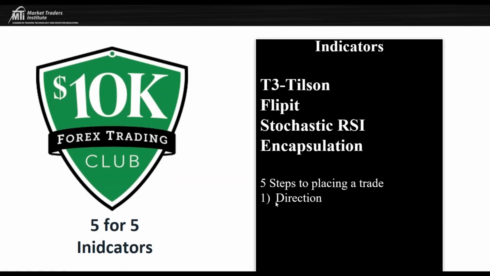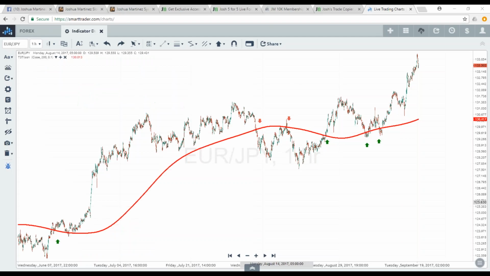Type in yes if you understand that your T3 Tilson is dividing the market into buy zone, sell zone, so it's giving you direction. Now, what we're going to bring in is the flip it, which we talked about yesterday. And your flip it is going to help us with our entry. So now that we have direction, our flip it will give us entry. Because of the time, we'll talk about stops and limits tomorrow, but we can get the entry done today, okay?